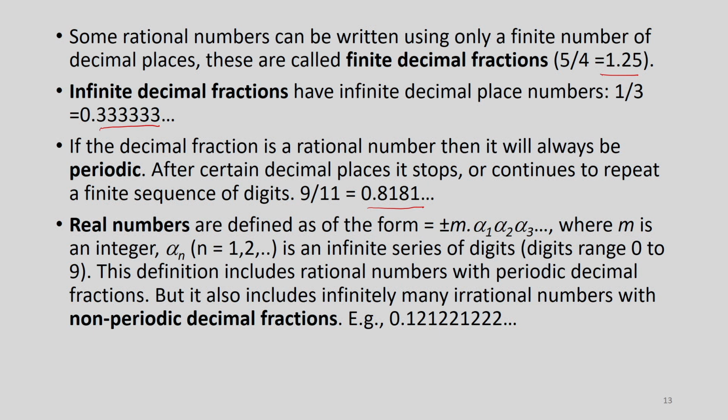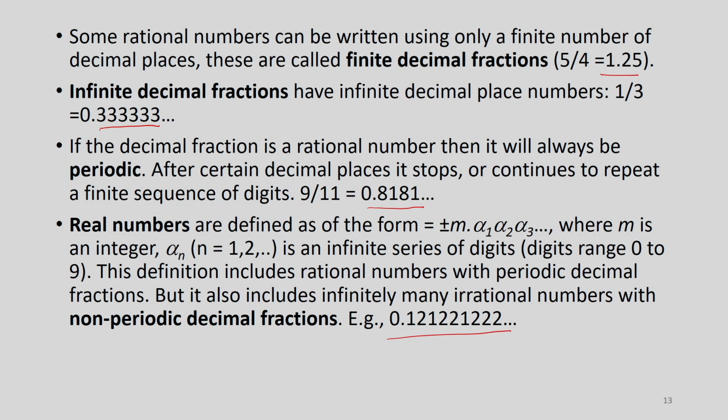So, digits range from 0 to 9. This definition includes rational numbers with periodic decimal fractions, but it also includes infinitely many irrational numbers with non-periodic decimal fractions like this one. So, it goes on like that till infinity.